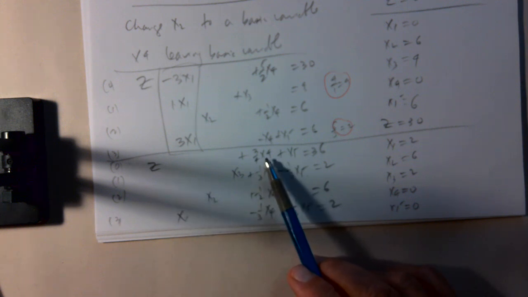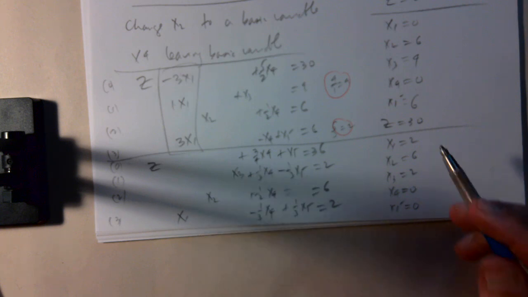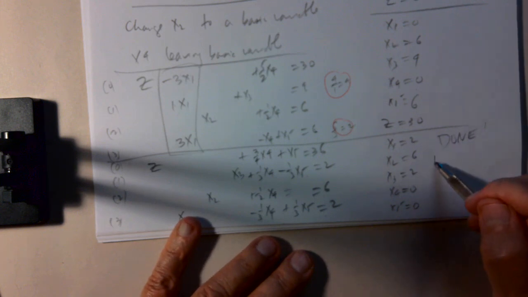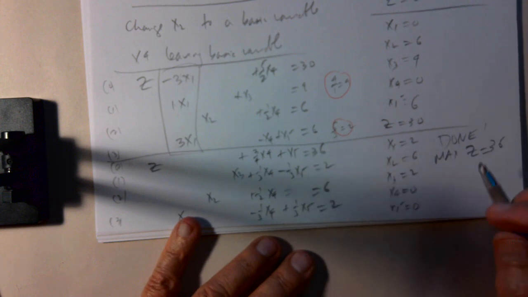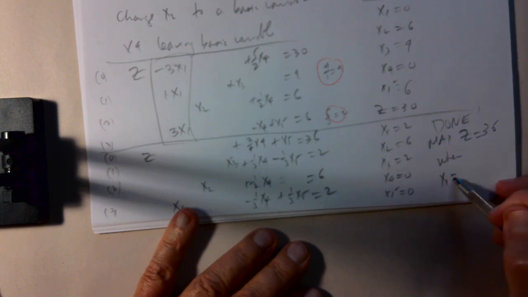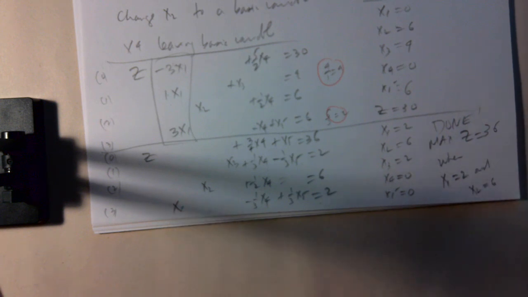So there's no way I can increase one of these variables and get a larger value for the objective function. So we're done. The maximum value is z equal to 36 when x1 equals 2 and x2 equals 6.